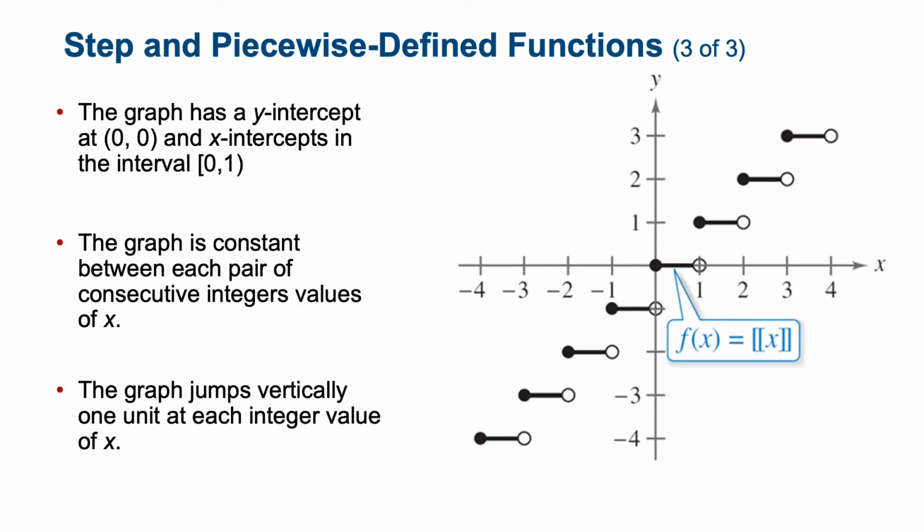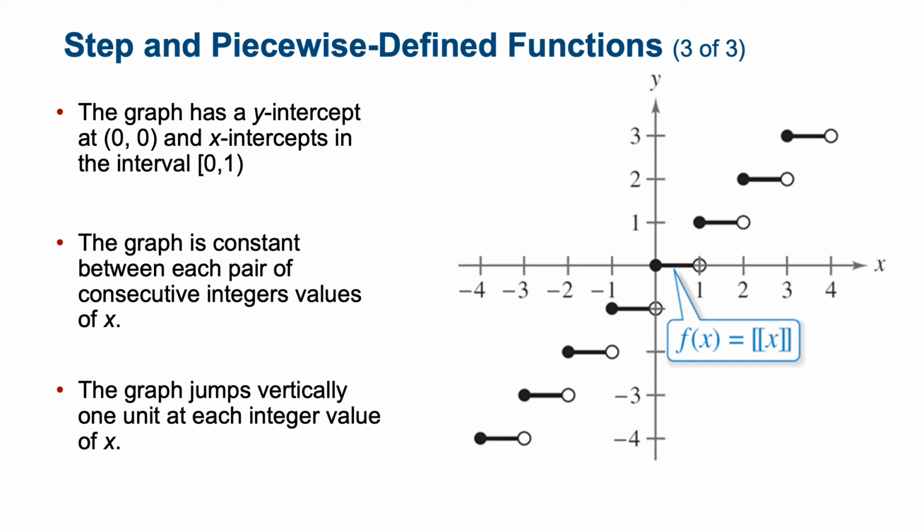So it has a y-intercept at (0, 0), and all of these are x-intercepts, right? The interval from 0 to 1, not including 1, has x-intercepts all in this interval. So the graph is constant between each pair of consecutive integer values of x. What does that mean in English? Okay, look, from negative 2 to negative 1, the graph stays the same.